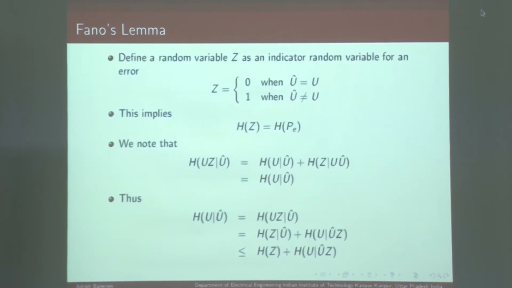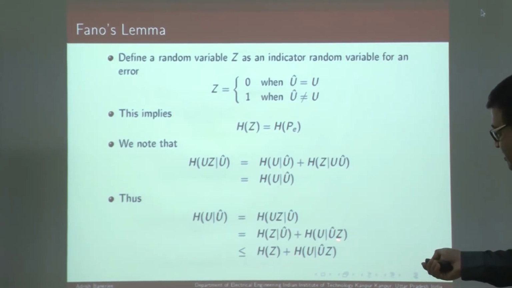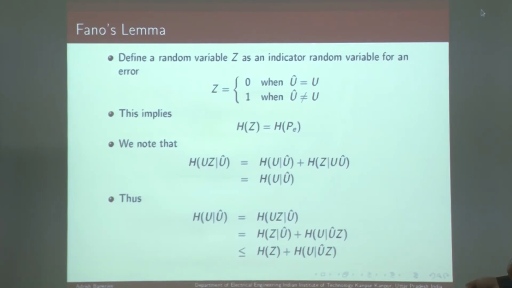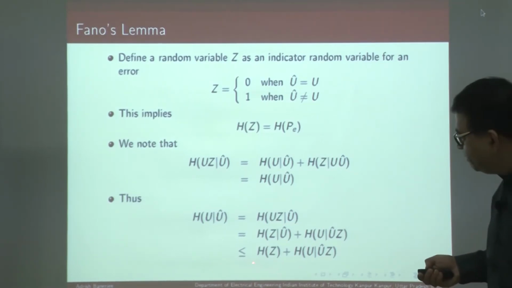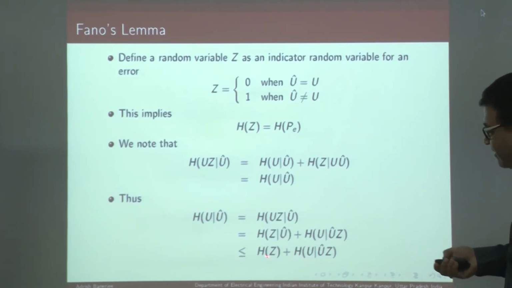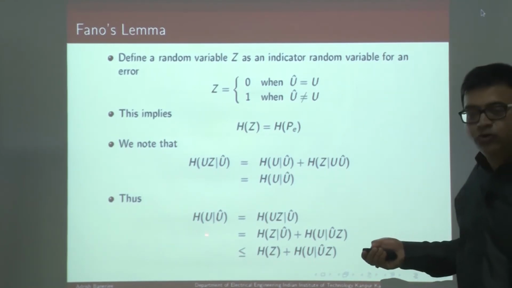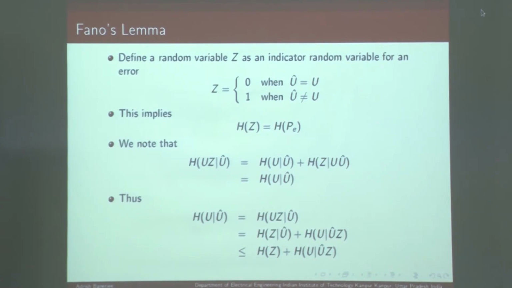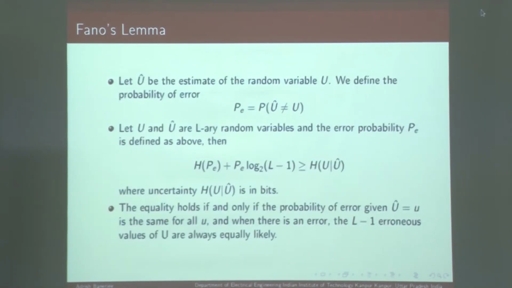Why does this prove our result? We have H of Z, that is H of P of E. This we have shown is upper bounded by P log L minus 1. So, then H of P plus P log of L minus 1 is greater than or equal to H of u given u hat, and that was our Fano's lemma. Okay.